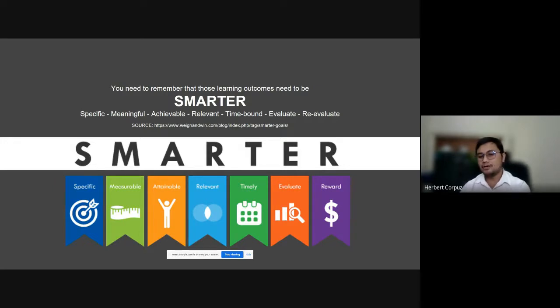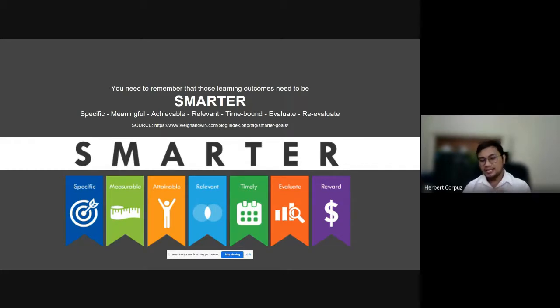When we say meaningful, the activity or the outcome that we expect them to do should be something that respects the student's context, the student's situation. It has to be measurable because the outcome has to be quantified. Right? When it's measurable, it has to be quantified. When it's meaningful, it has to be qualified.